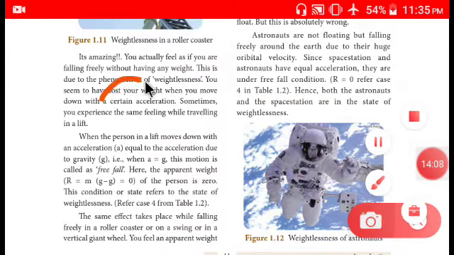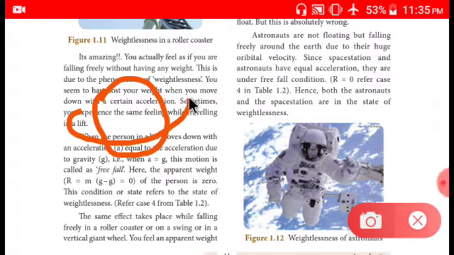What I want to say is that the space station is always rotating our earth in this direction. See, consider this as our planet earth, okay, and this is a space station, I mean satellite or something like that, and here is that astronaut.